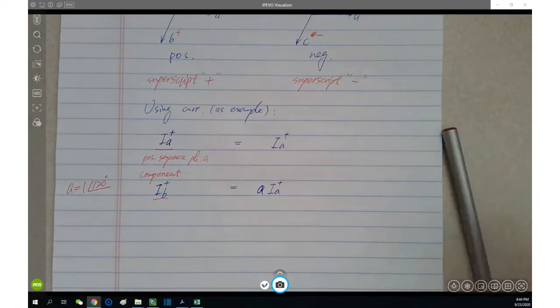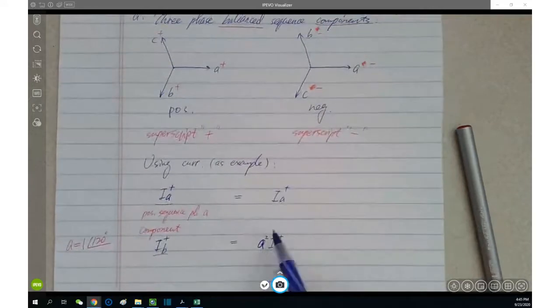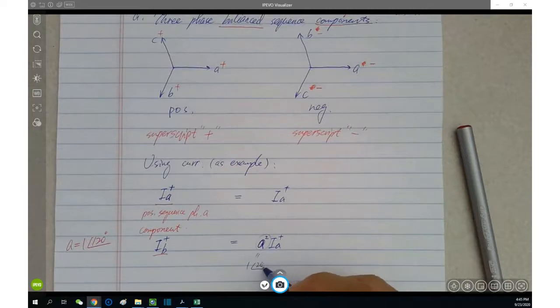Well, of course not, because this is A squared, right? Sorry, this is A squared. Does this make sense now? What I'm saying is A squared, first of all, equals 240 degrees. Does it make sense? A squared times IA plus means what?